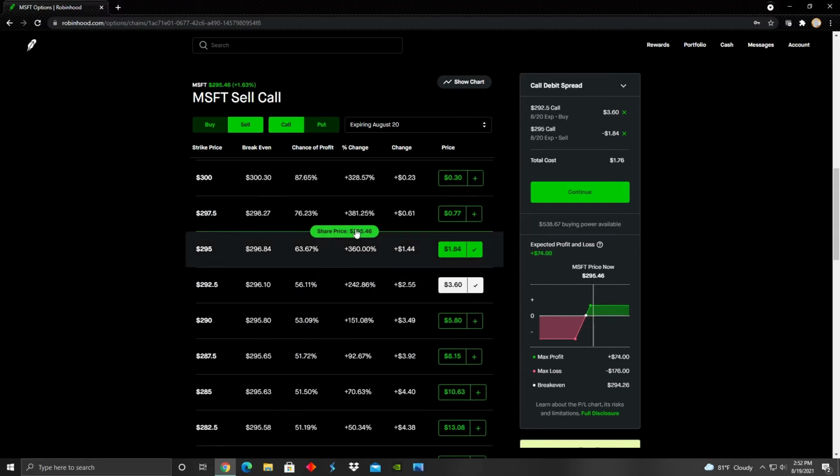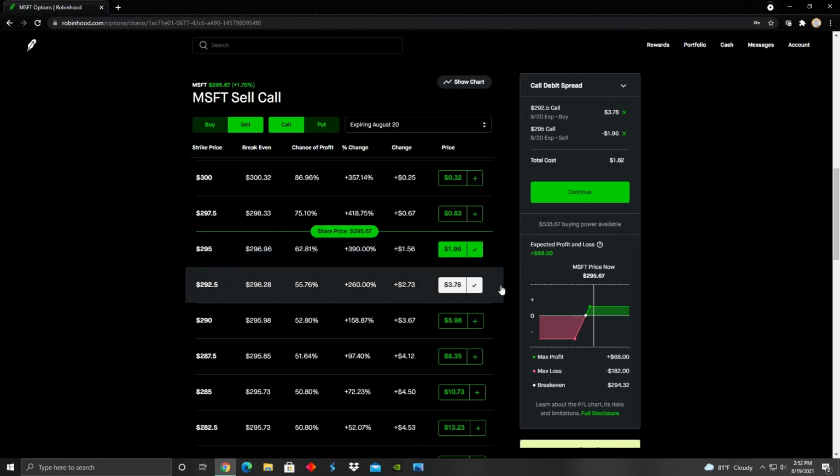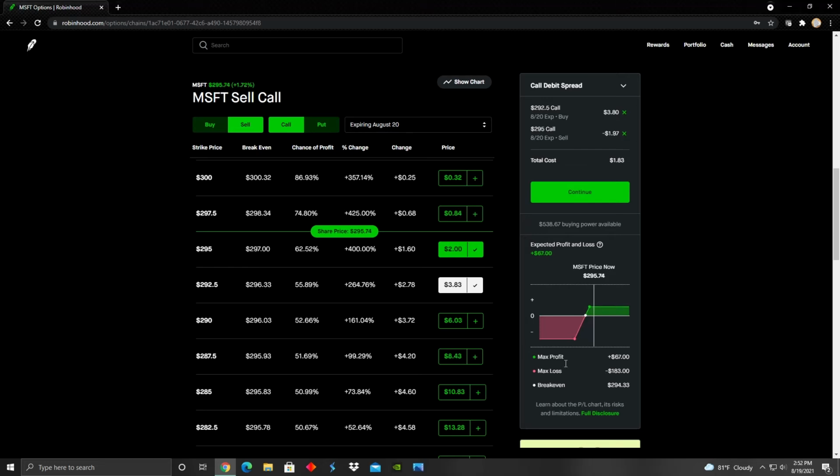Now let's say that the share price for the stock that you're trading drops below the strike price for the call option that you sold. Basically, the lower and lower that the share price gets underneath the call option that you sold, the more it will eat away at your profit until eventually your profit will be zero.